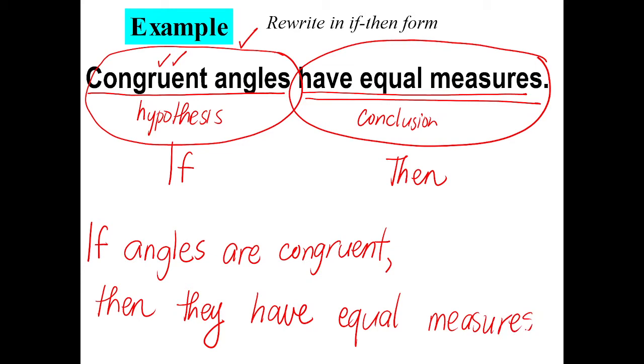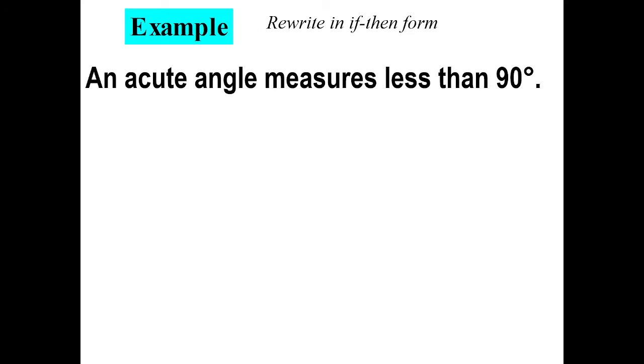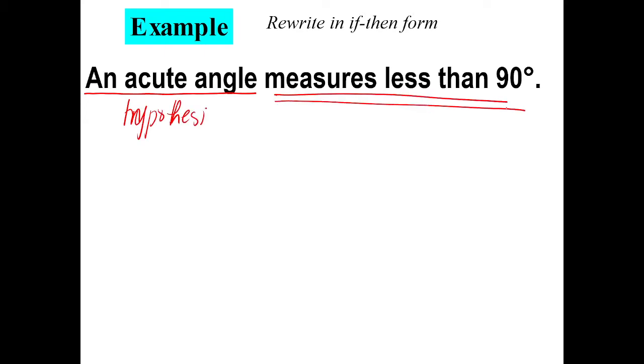Mao na ito ang if-then form ana nga sentence. Let's have another example. An acute angle measures less than 90. Take note, this is your hypothesis. This is your conclusion. Okay, any volunteer? Any volunteer? What is the if-then statement for this?